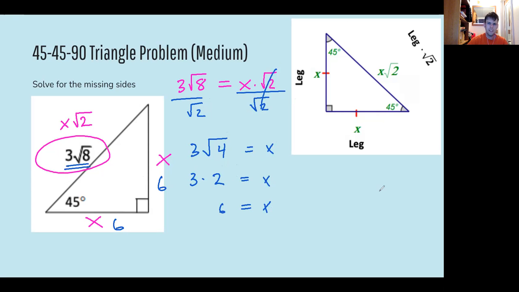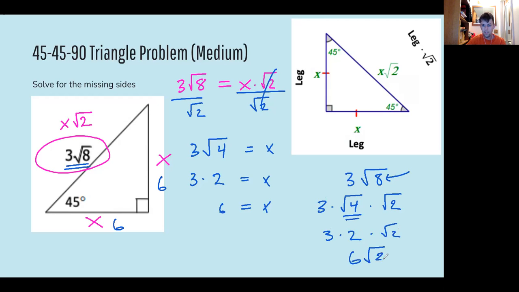That also means that this length, 3 root 8, is not in reduced form, because 4 is a factor of 8. So this is not a simplified radical. I can simplify it this way: the square root of 4 is 2, so this becomes 3 times 2 times root 2, which is the same thing as 6 root 2.